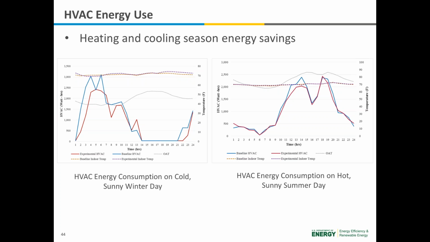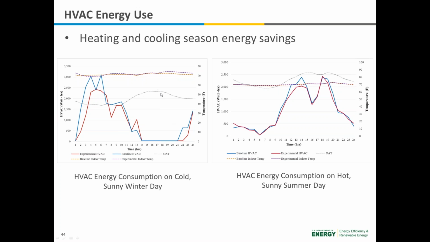During the heating season, you can expect most of the heating to be done in the morning, because that's when no sun is out and no solar gains are expected. So we can see a peak reduction in HVAC load between the baseline home, which is in blue and has no window attachments, and the experimental home, which has the low E windows on it. We can see a basic reduction in HVAC load that continues throughout the day.